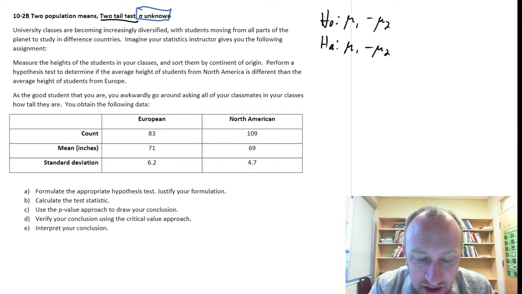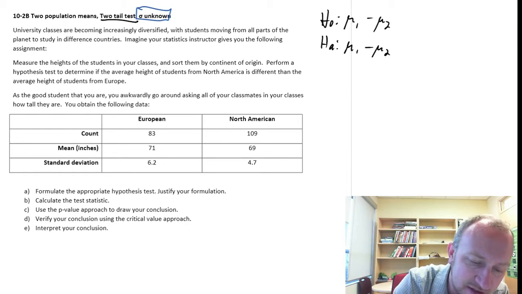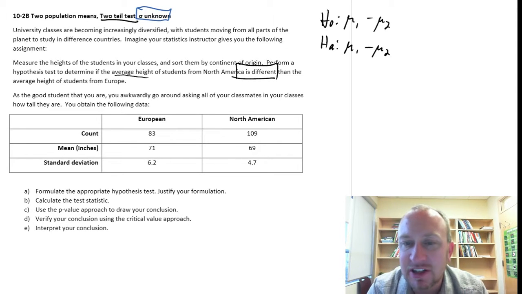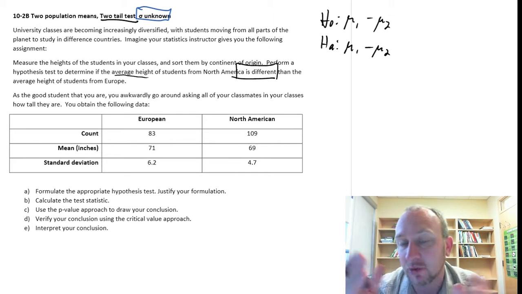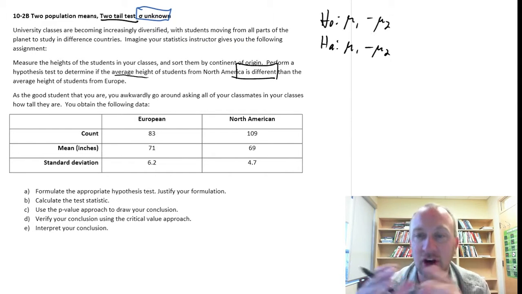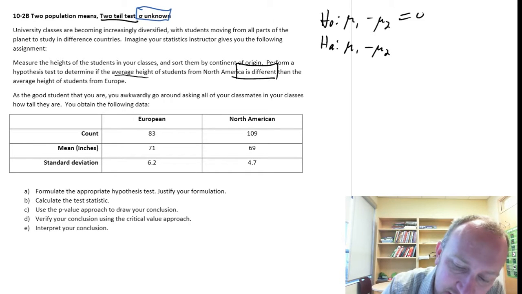And there's always clues in the problem, and in this clue we would perform a test to determine if the average height is different. So there's our key word right there. We're just looking to see if there's a difference or not. We're not looking to see is one group of students taller than the other, just seeing if they're different. So that means that this is going to be a two-tailed test.